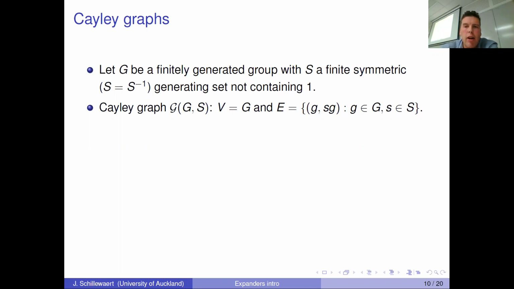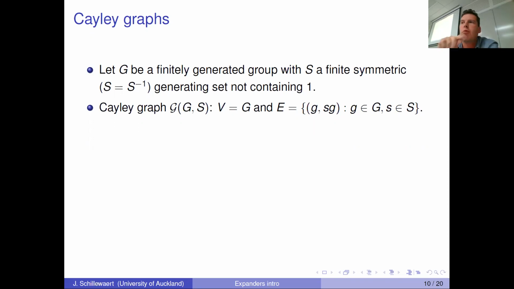Now you can see why I chose S to be symmetric, because I want an undirected graph. If there's an edge from alpha to beta, there is also an edge from beta to alpha, and if I ensure that S is equal to S inverse, then I can always do that. And not containing 1 means that I have kicked out all the loops.